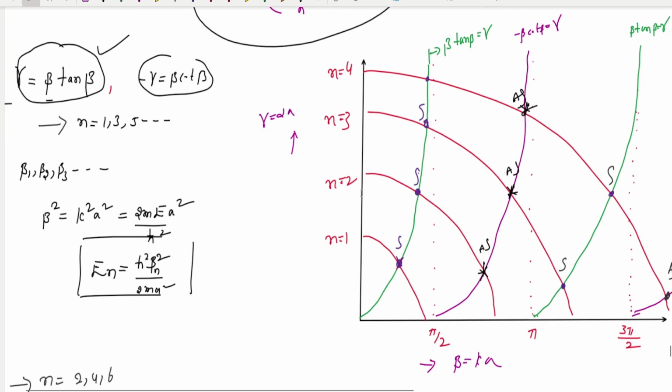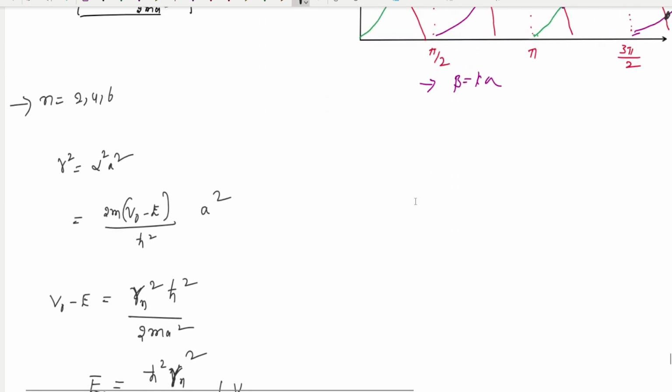So first intersection, from this graph, one intersection is there right here. First intersection, if 0 is less than radius less than pi divided by 2.